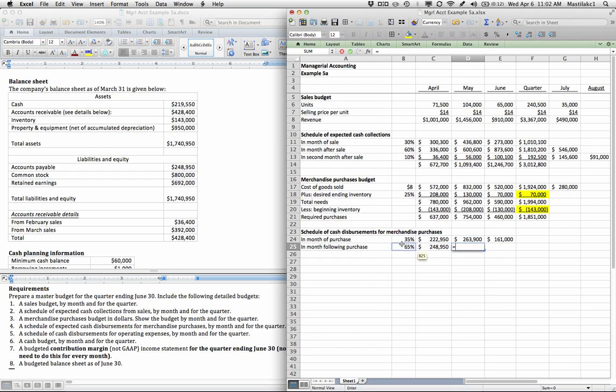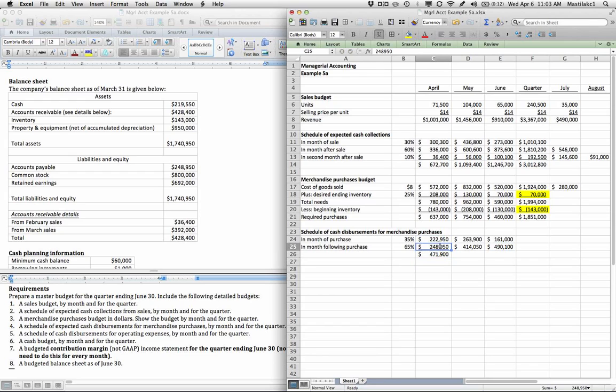In May, we're going to pay 65% of what we buy during April. And in June, we're going to pay 65% of what we buy during May. So in each of these months, we're paying 35% of the current month, and we're looking back 1 month to figure out the 65% portion.